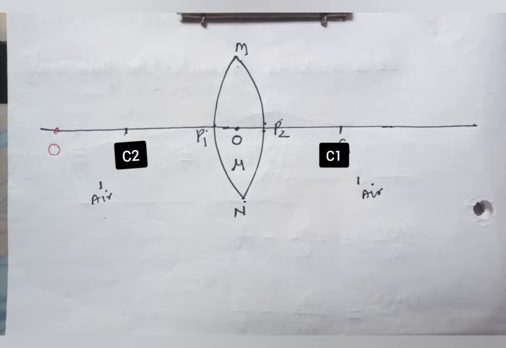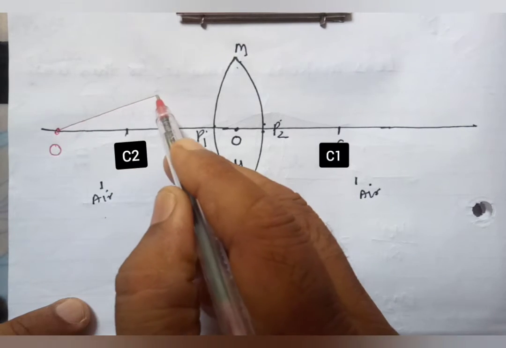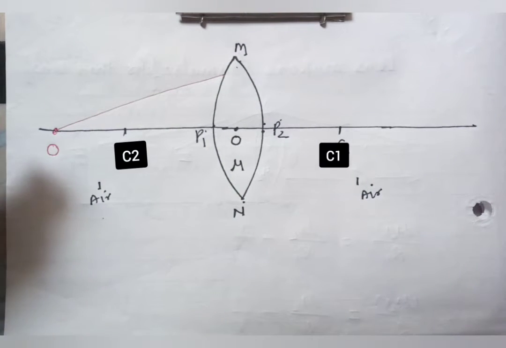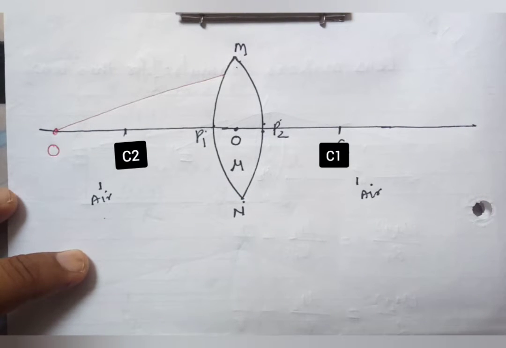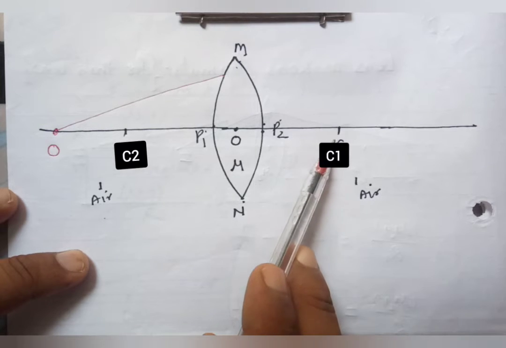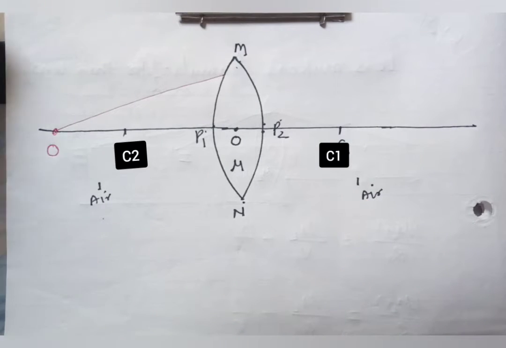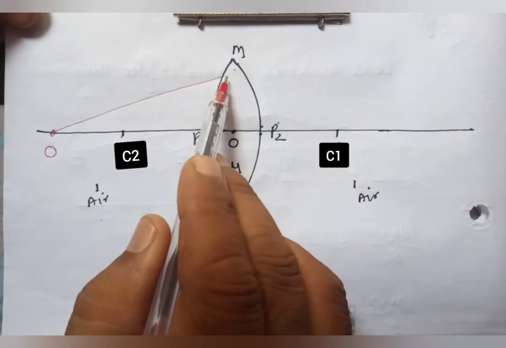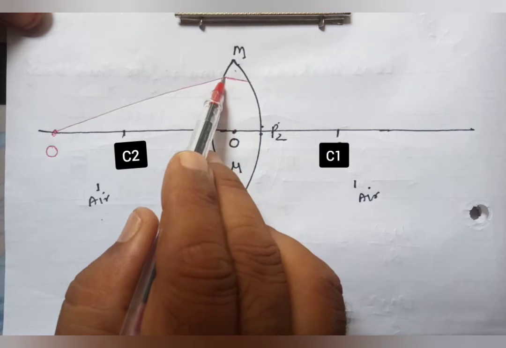As a light ray strikes the surface MP1N like this, what will happen? As the light ray travels from rarer medium to denser medium, it will bend towards the normal. The normal we draw from C1. I am drawing the refracted light ray only, bending towards the normal, something like this.